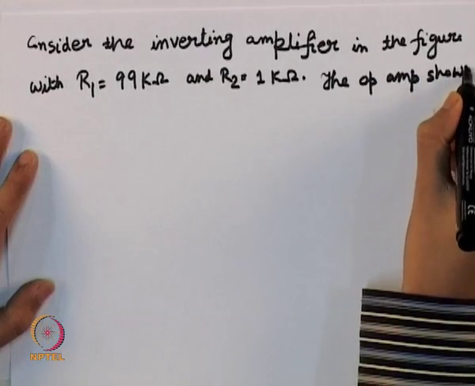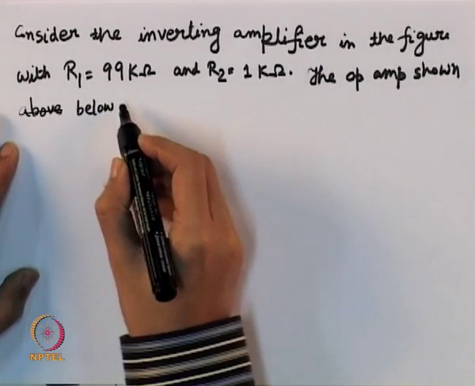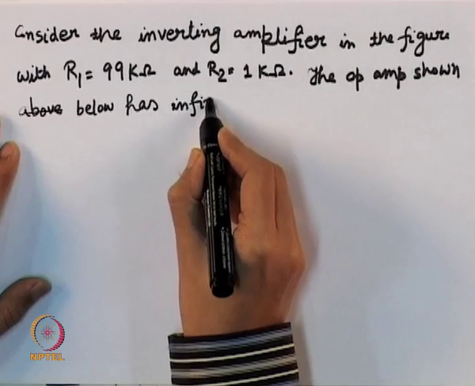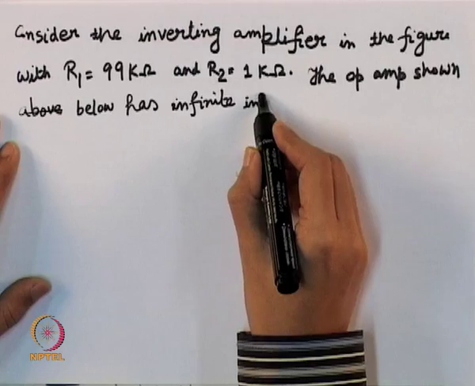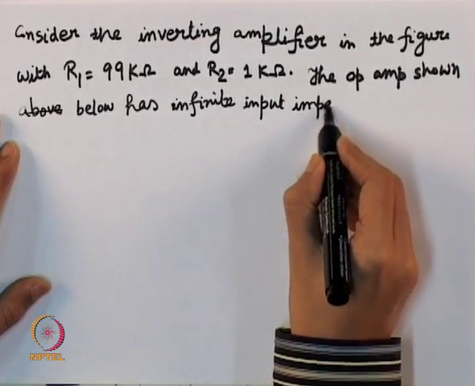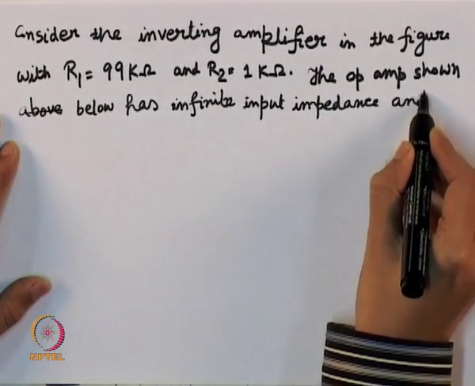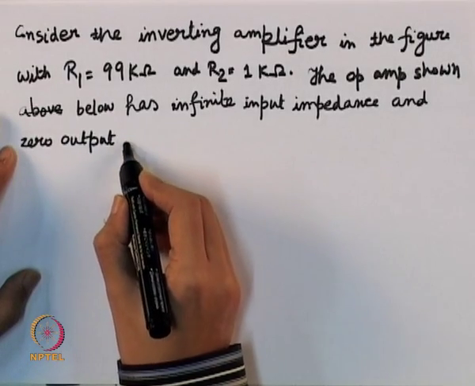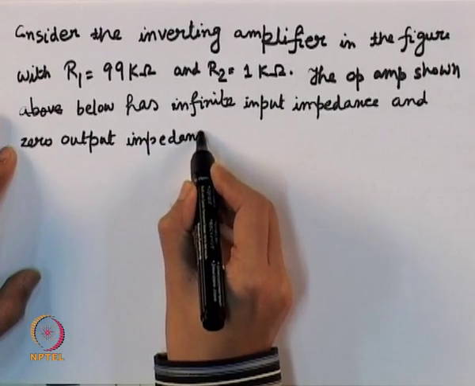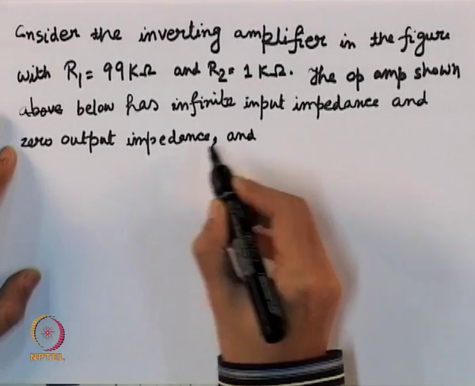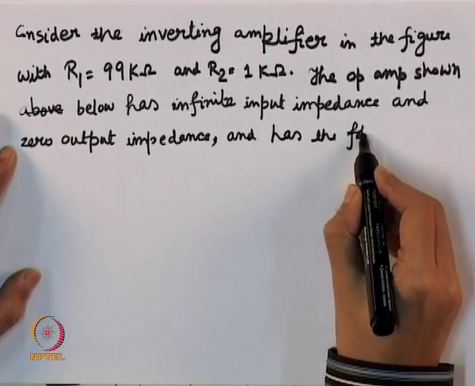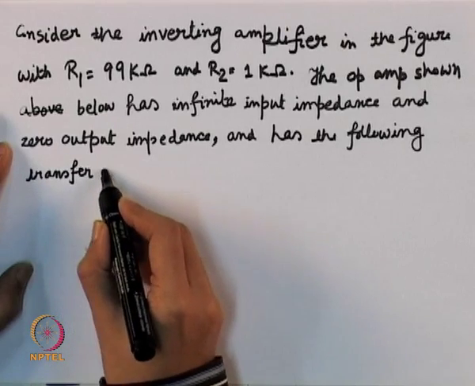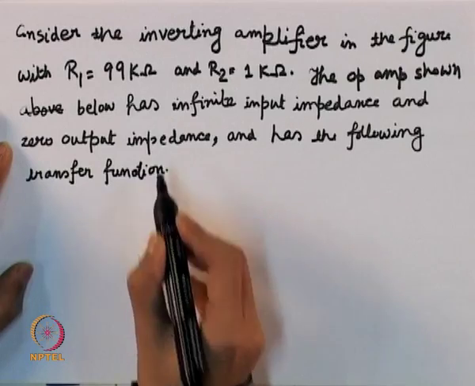The op amp shown below has infinite input impedance, zero output impedance, and has the following transfer function.